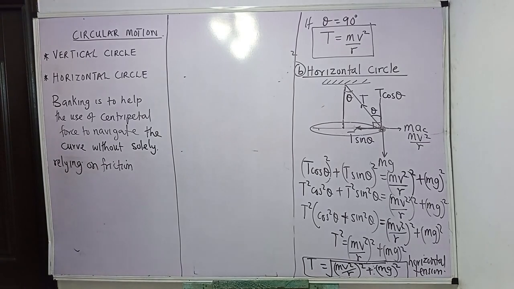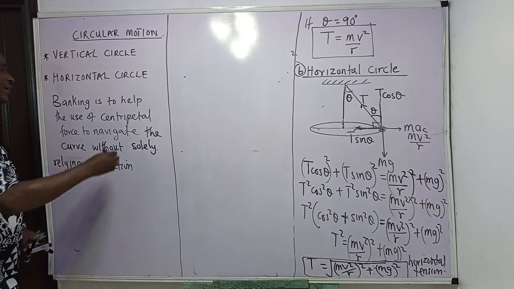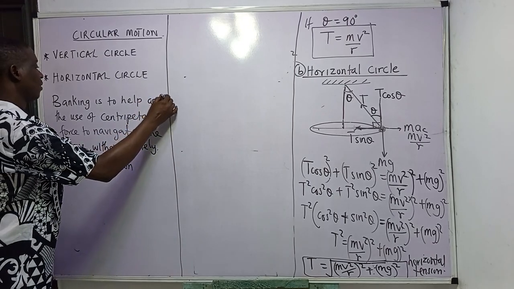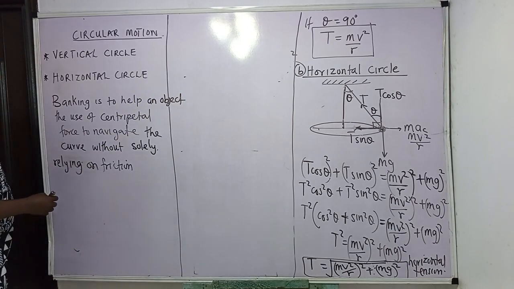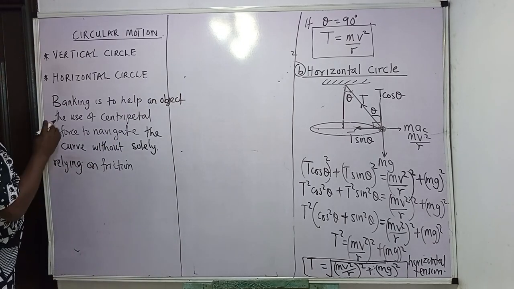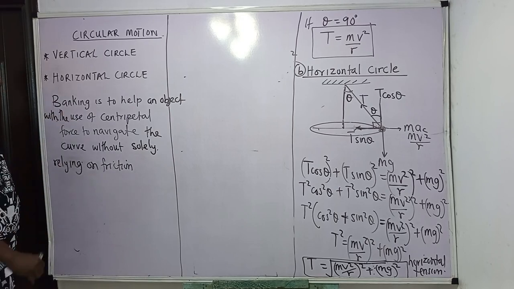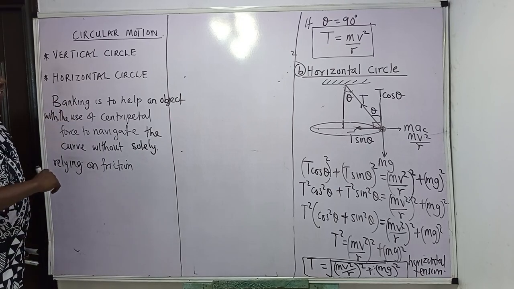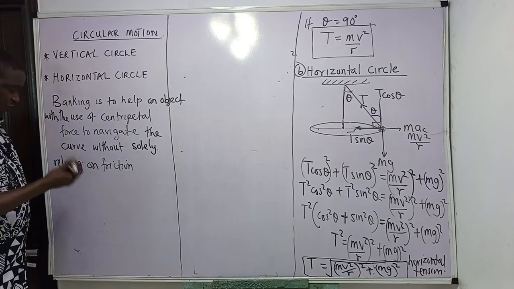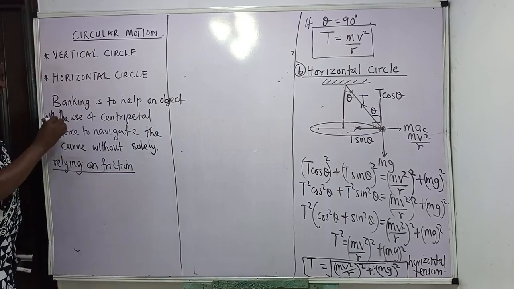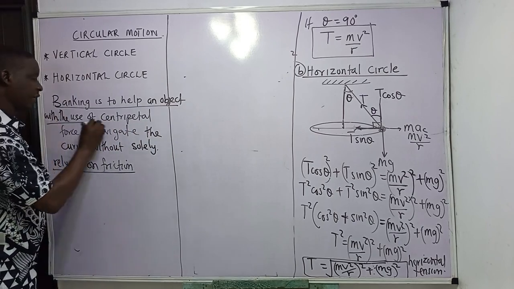So banking is to help an object, with the use of a centripetal force, to navigate the curve without solely relying on friction. That is the best definition we can give here.